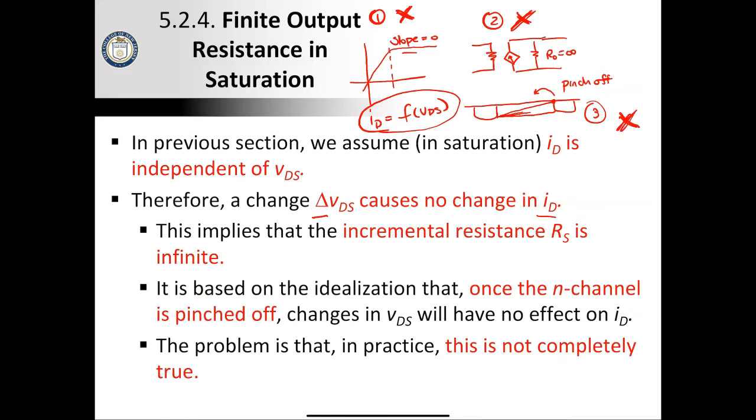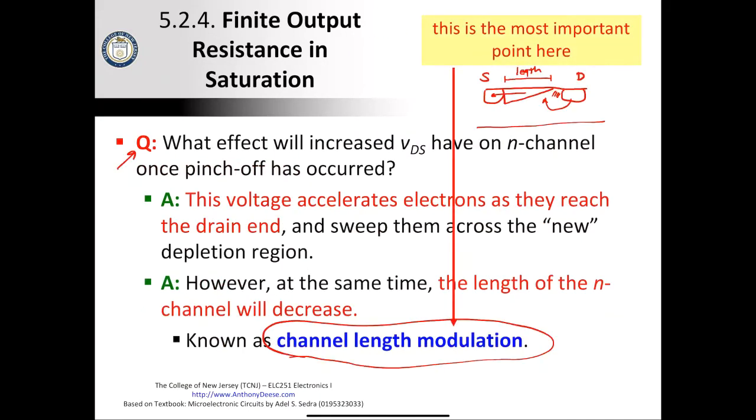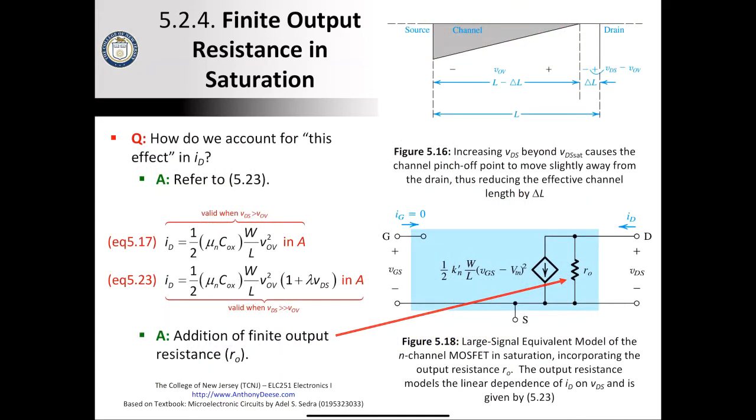When we don't, then this goes back to being flat, this goes back to being infinite, and this no longer moves to the left. All right. So we know physically what is happening, right? You can see here, this is the new depletion region. This is the gap between the drain and the channel. But how can we describe this mathematically?